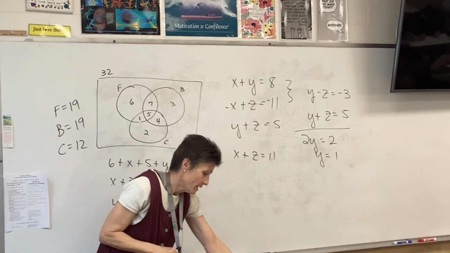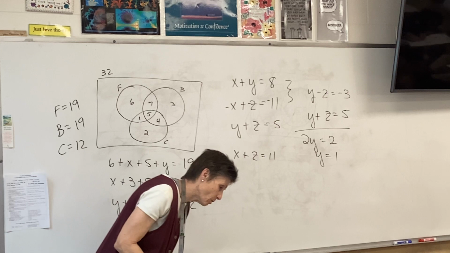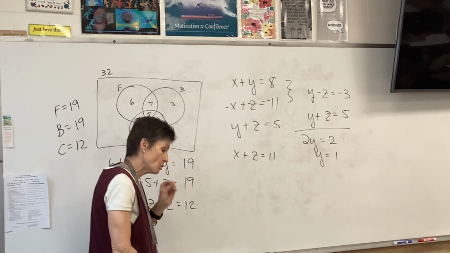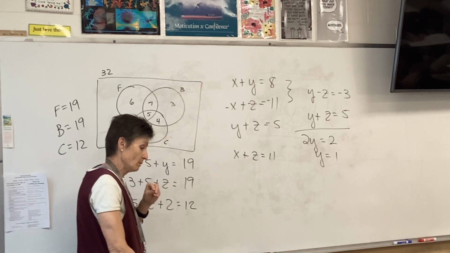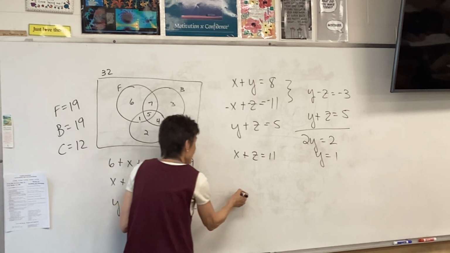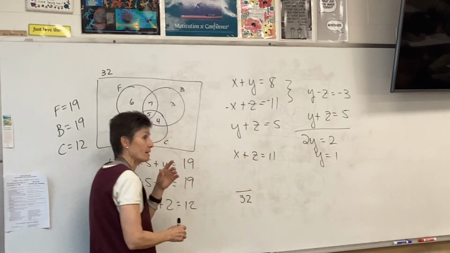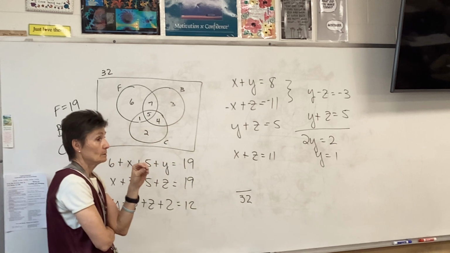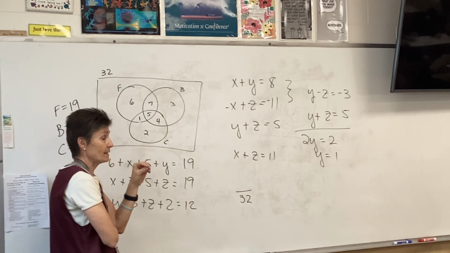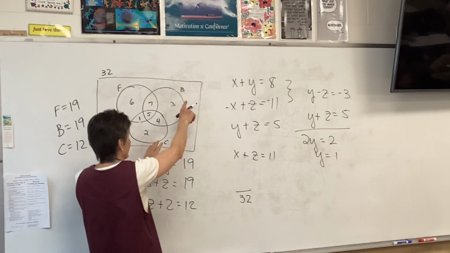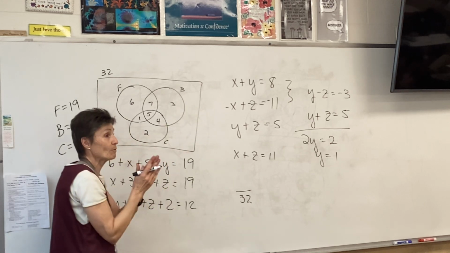Here we go. What is the probability that if a student is chosen at random, he'll like both Chevys and Buicks? So your denominator is going to be 32 because you're picking out of 32. How many kids in the picture like Chevys and Buicks? Now be very careful.